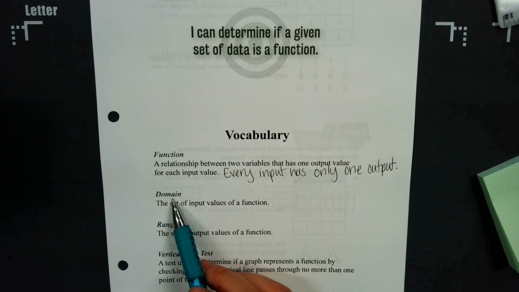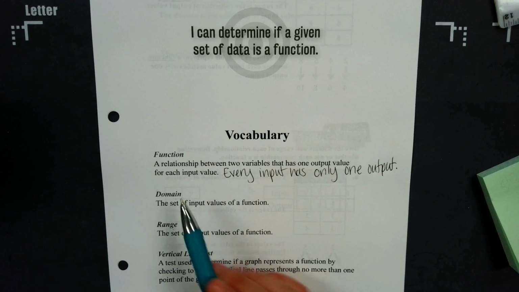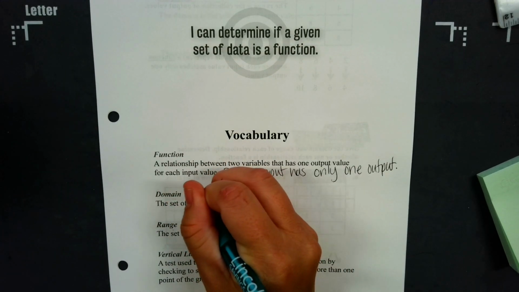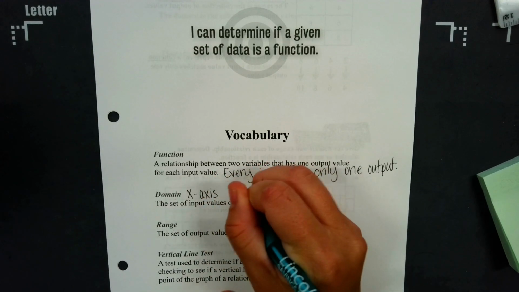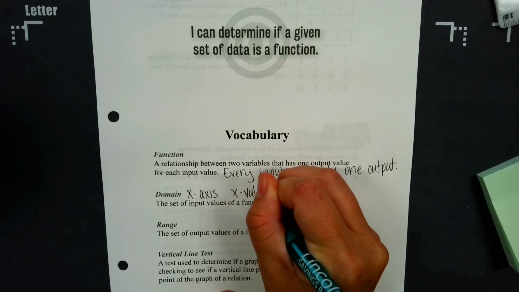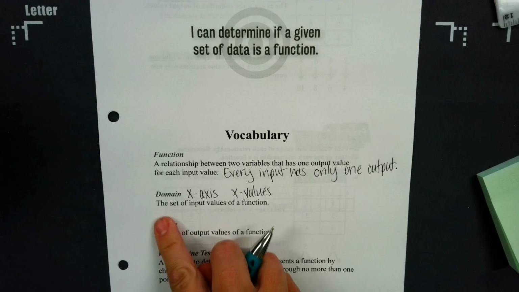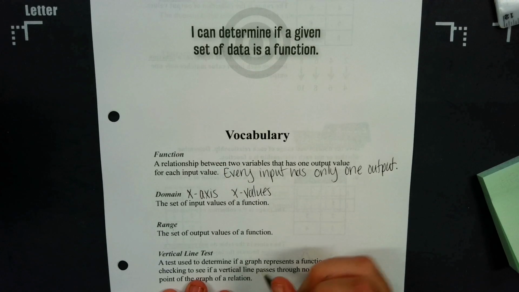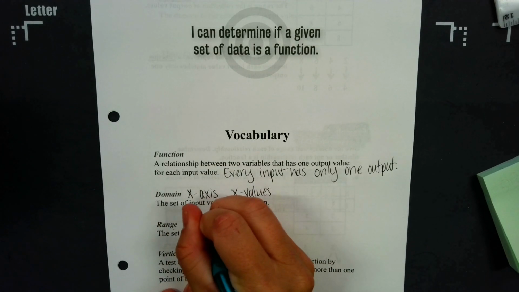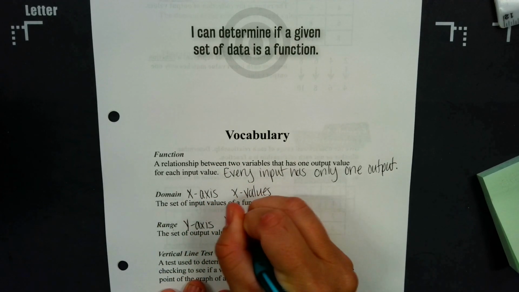You're going to hear the words domain and range. Domain is just your x value, your x-axis, or x values. Okay? Domains are your inputs, also known as your x's. Ranges are your y-axis or your y values.